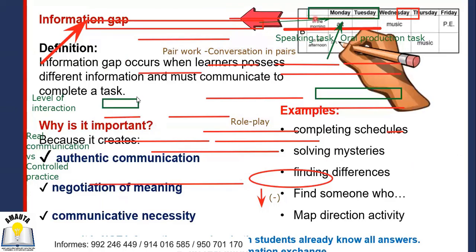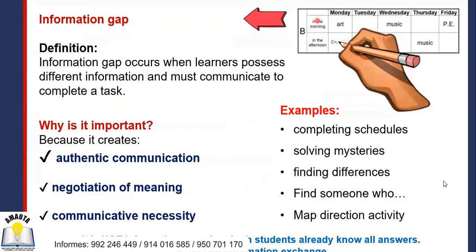Okay, here we have some, okay, let me erase the drawings. All right, here we have one slide about information gap, because information gap activities are also examples of these CLT activities, these communicative language teaching activities, right?